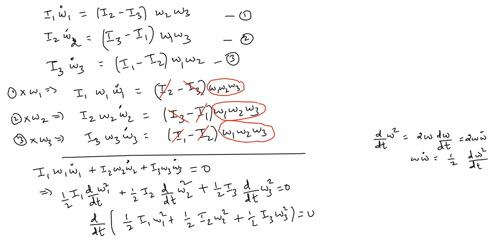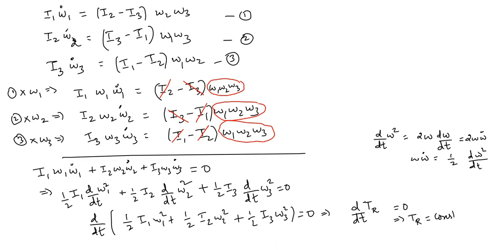So this is actually a constant of motion. This is the rotational kinetic energy. The kinetic energy of rotation is equal to a constant of motion. So the rotational kinetic energy is also a constant.